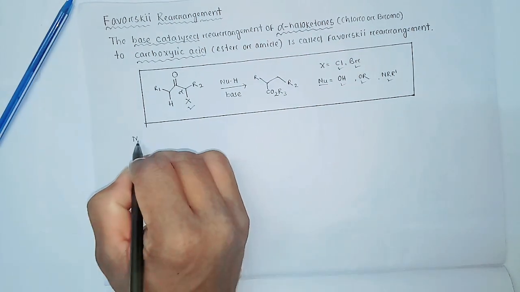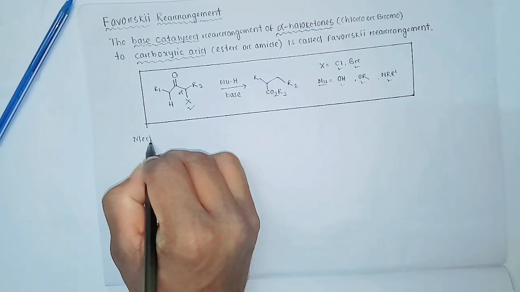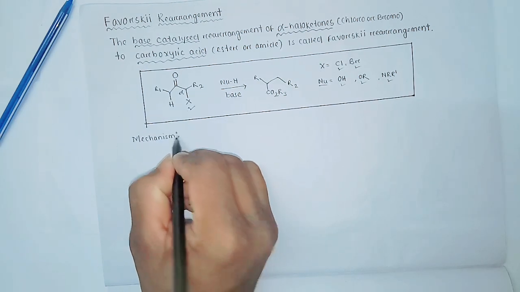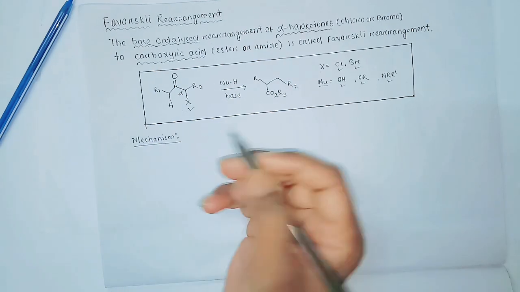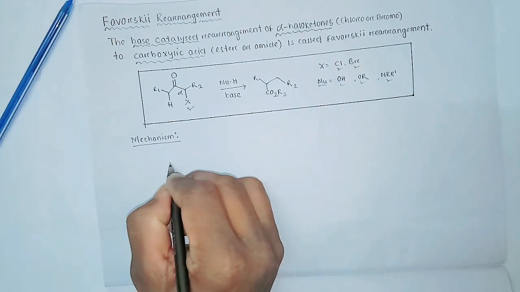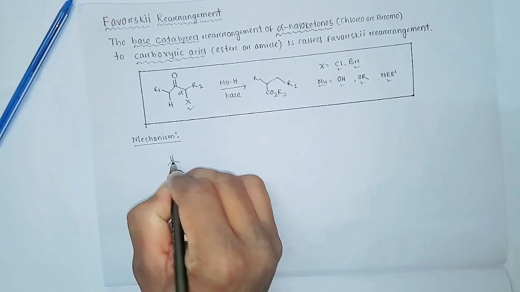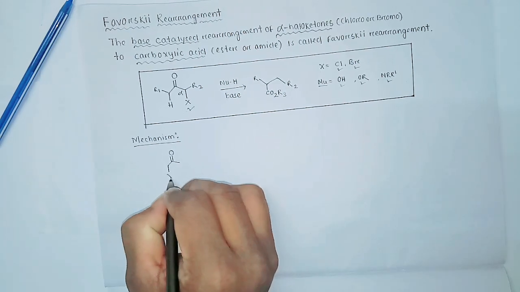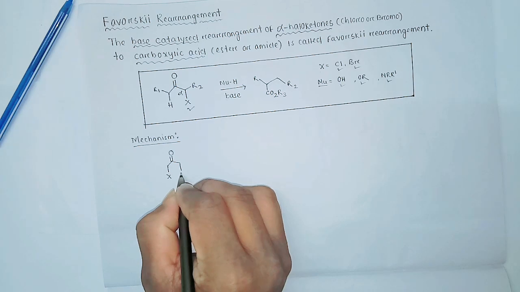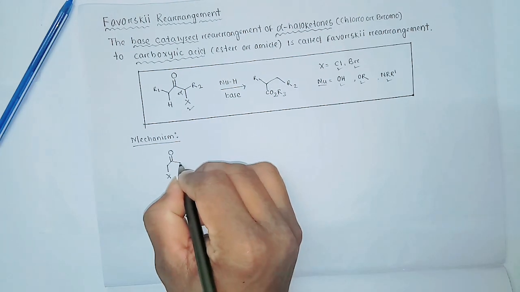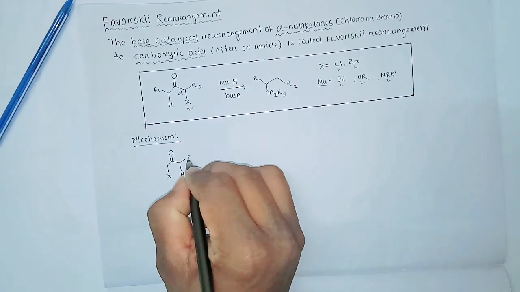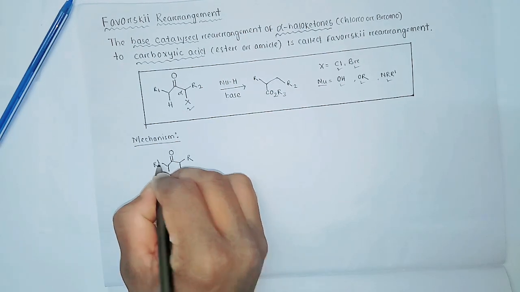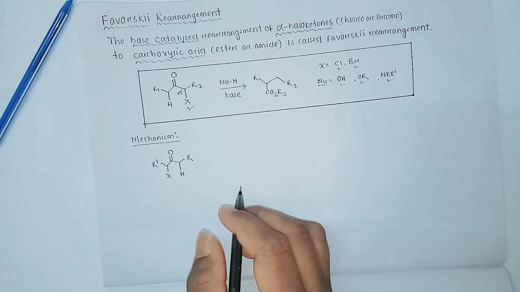Okay friends, so let's discuss the mechanism. We have an alpha haloketone, for example, this is an example of an alpha haloketone, with this R and this R1.